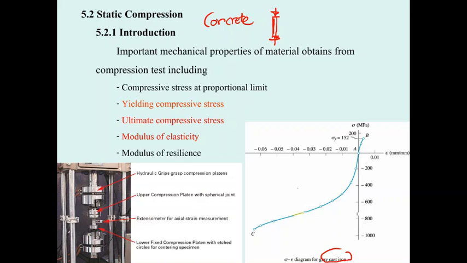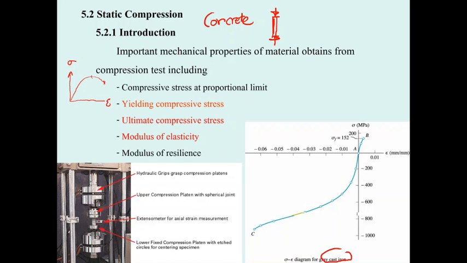For example, we have the wheel of the train that puts the force onto the cast iron railway, right? And for the concrete, we put the concrete into the compression test, and then we draw the stress strain diagram of the concrete. The stress strain diagram of concrete is going to look like this.